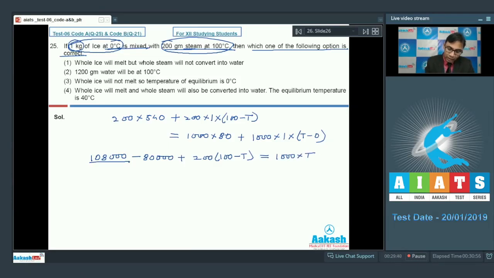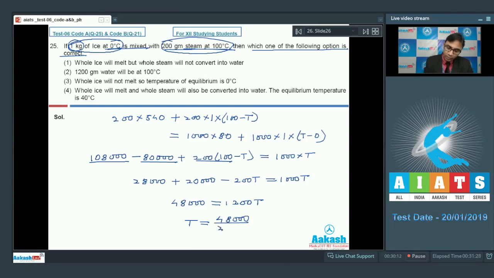So 108,000 minus 80,000 will give you 28,000, plus this will give you 20,000 minus 200 T, which will be equal to 1000 T. So we can write 48,000 will be equal to 1200 T. So T will be equal to 48,000 divided by 1200, and that will be equal to 40 degrees centigrade.